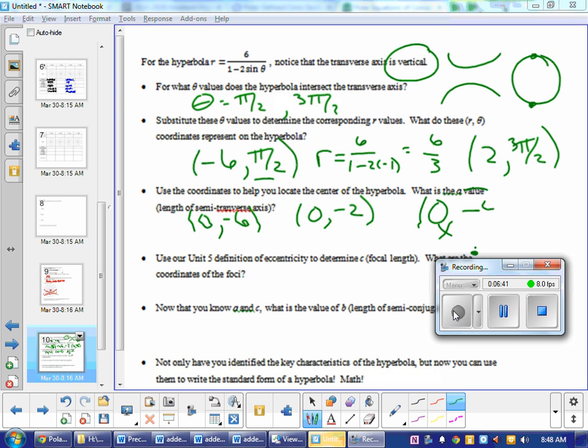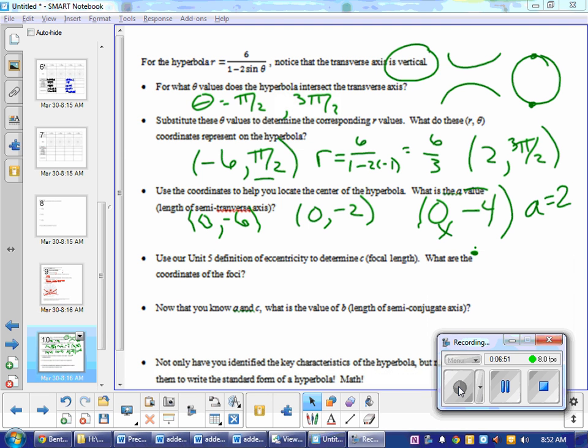And then A is the distance from the center to each vertex. So what's the value of A here? A is 2. Good. So the next point says use our Unit 5 definition of eccentricity to determine focal length.